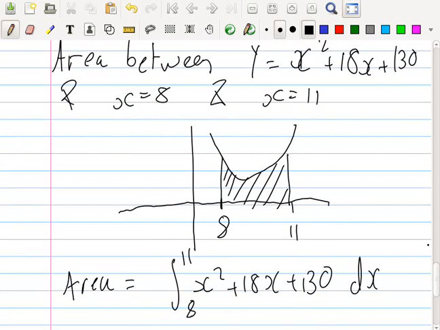Okay. I'll let you try this one for me. It's very similar to my first example.